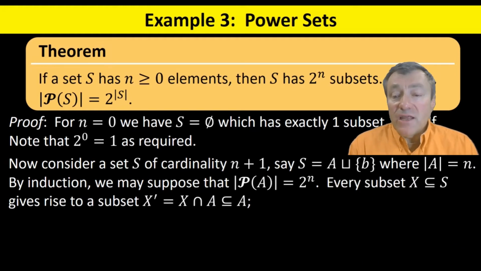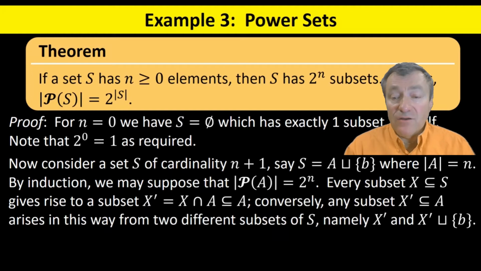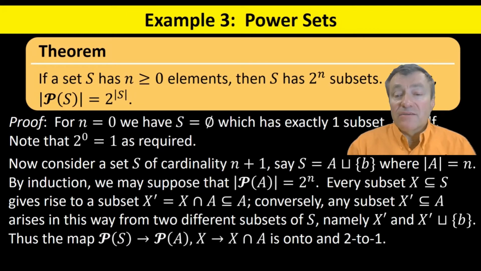What does a subset X of S look like? If we intersect X with A, we get a subset X prime of A, and then the original subset X of S is either X prime or X prime union the singleton set B. Each subset of A gives rise to exactly two subsets of S in this way.